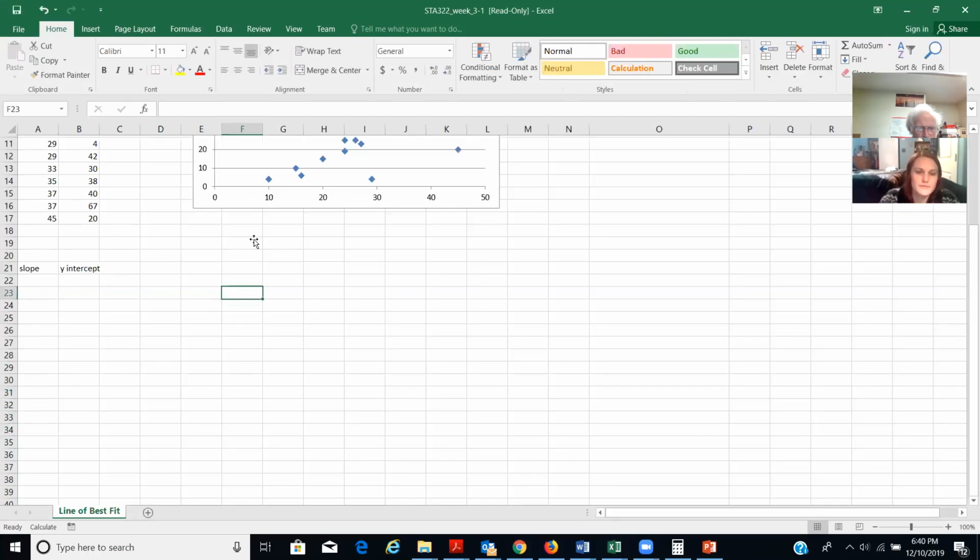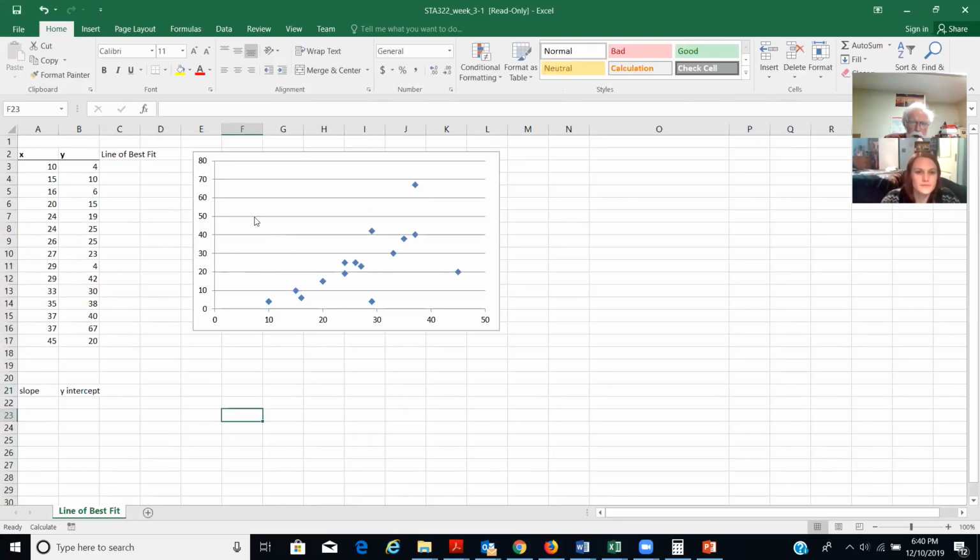I'm going to enable editing on this because I want to do some things here. So this is what we call a dot plot. A dot plot just allows you to put the data points into a grid, an XY grid. We have two arrays of data, X and Y, and from those we can do certain kinds of calculations.